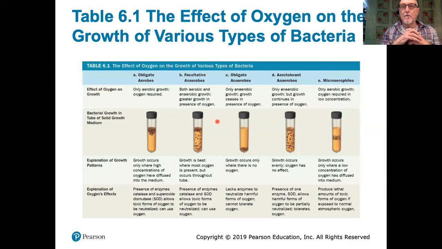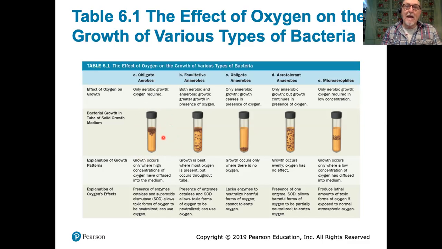Let's remind ourselves of where we left off last time, talking about one of the most important of all of the culture conditions that we observe when we're growing bacteria. And that is the importance of the oxygen in the environment of the bacteria. I'm just quickly going to run through this again. We recognized prokaryotes that were obligate aerobes.